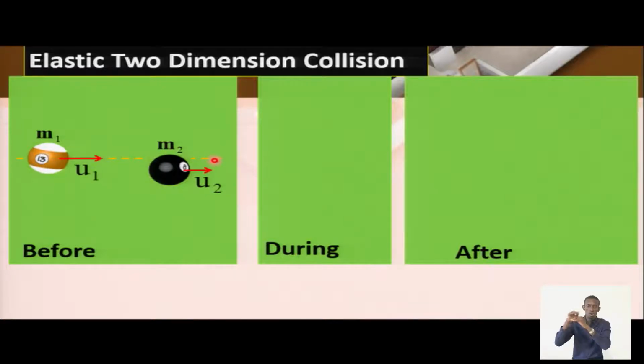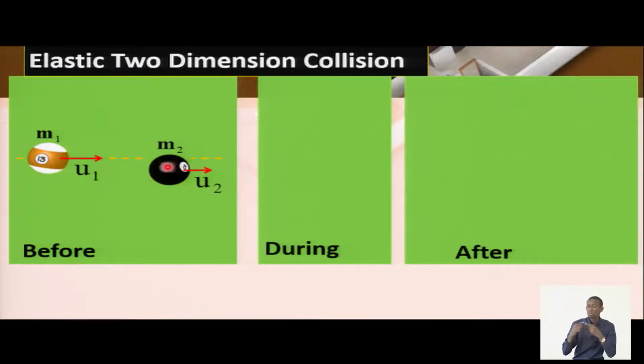This will be a 2-dimension collision. It could be a 1-dimension collision if the line was also passing through the center of the second ball. Okay? I hope this is clear.